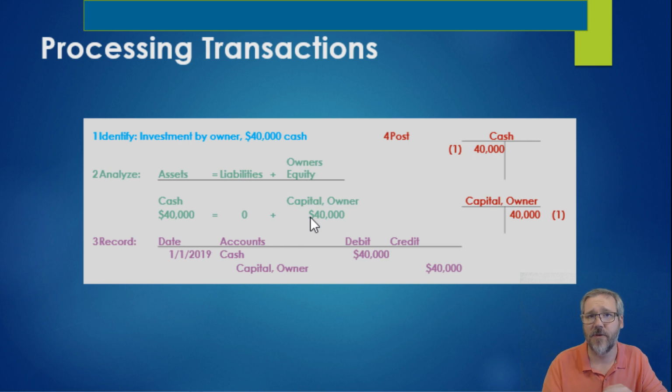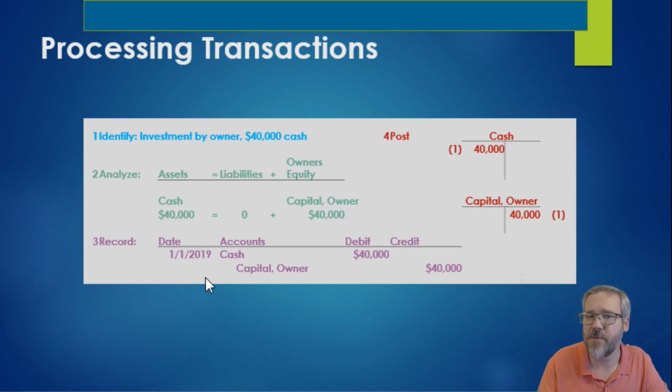And my capital, my owner's investment, my owner's equity, is also going to go up by $40,000. So assets, now my only asset is cash at $40,000. Liabilities plus equities, my only equity is owner's equity, and it's $40,000. Both sides of the equal sign have $40,000 increasing. 40,000 equals 40,000. I balance, right?